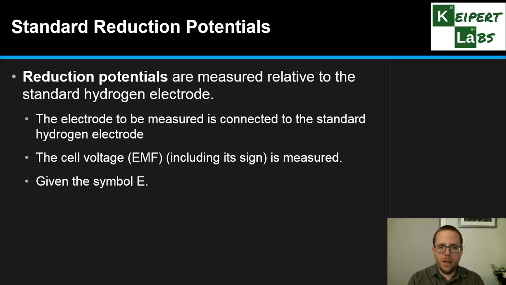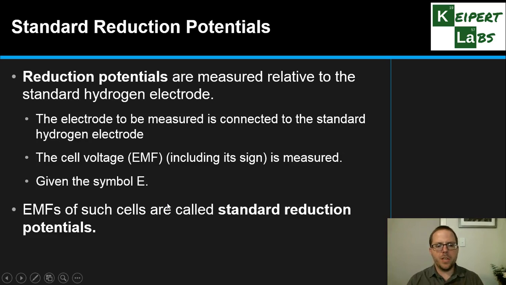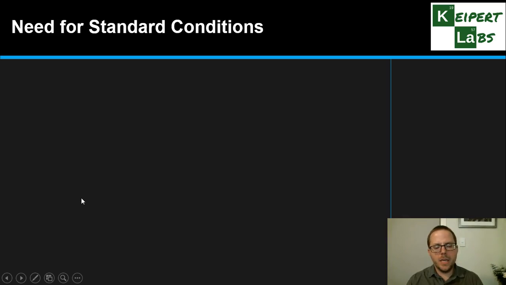That helps us to work out which direction that electromotive force is pushing in. Is it pushing towards the hydrogen electrode or away from it? And we give it the symbol of a capital E, the standard potential. So the electromotive forces of such cells, when we connect them up this way, we call them standard reduction potentials, or standard potentials you might see on a data sheet.